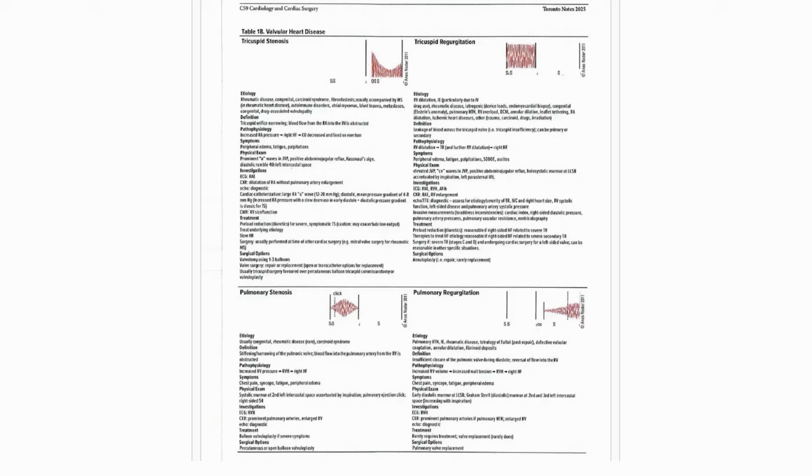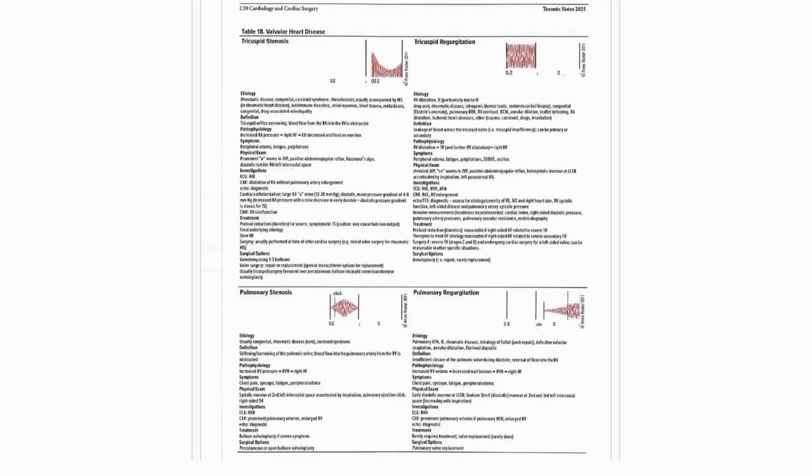Pulmonary regurgitation. Finally, let's discuss pulmonary regurgitation. Causes include pulmonary hypertension, infective endocarditis, rheumatic disease, repaired tetralogy of Fallot, defective valve coaptation, annular dilatation, and fibrosing disorders.